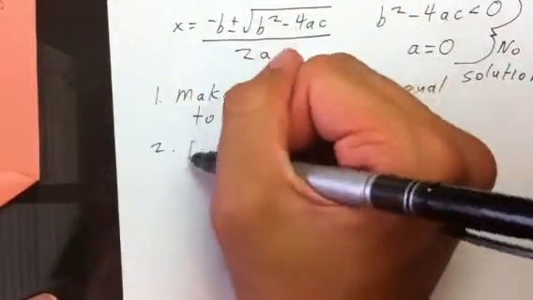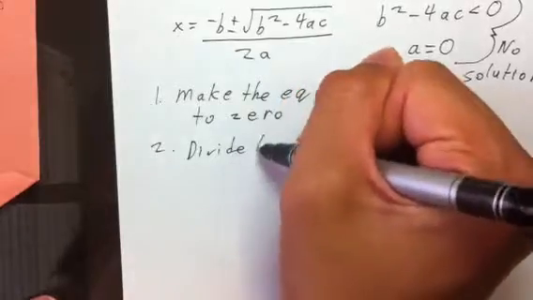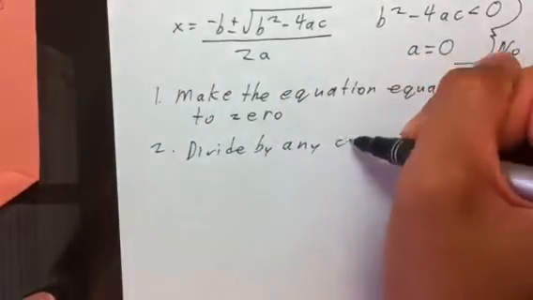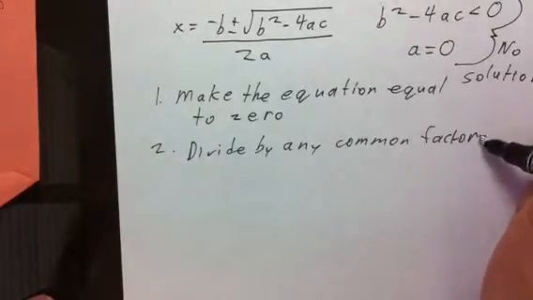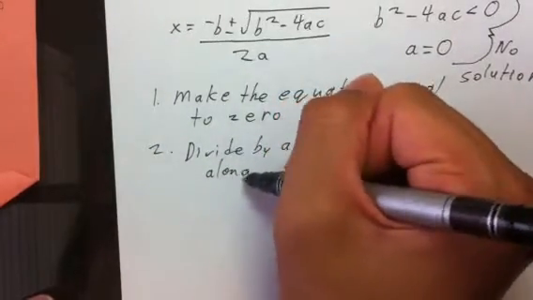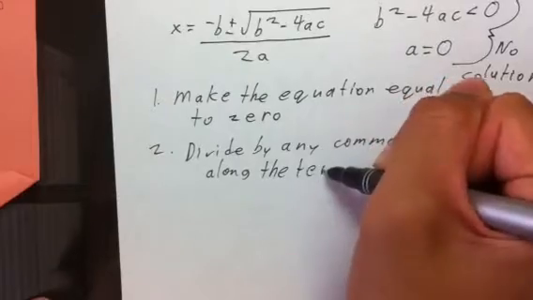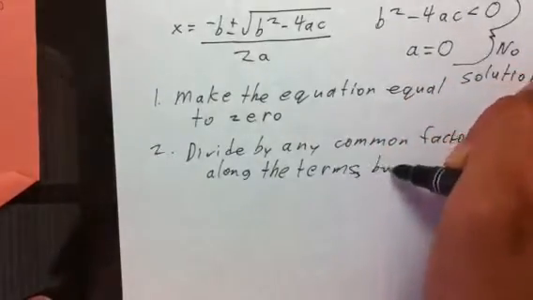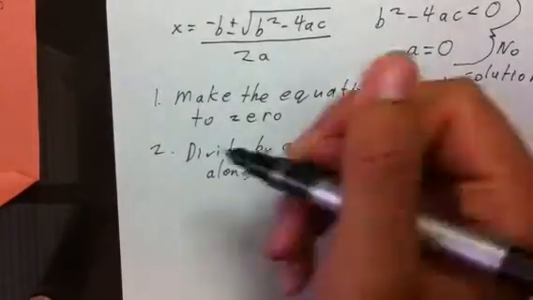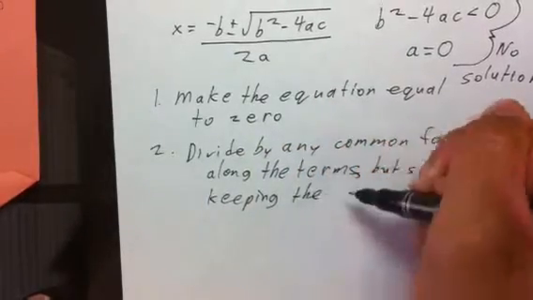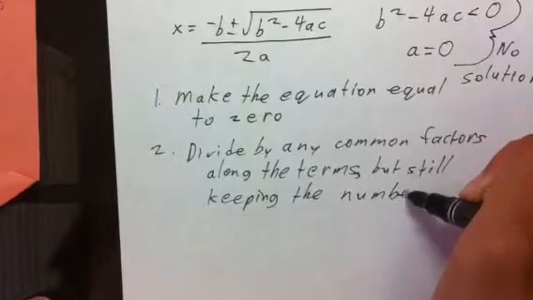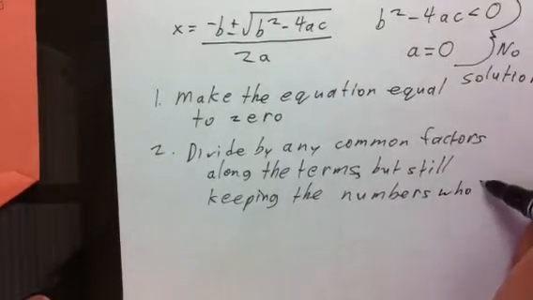Second step, divide by any common factors along the terms, still keeping the numbers whole.